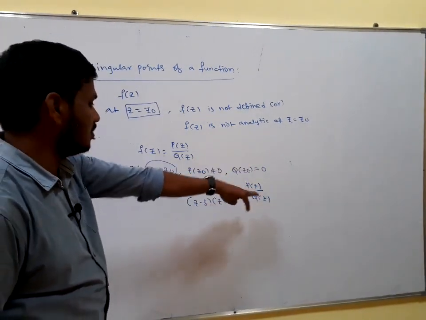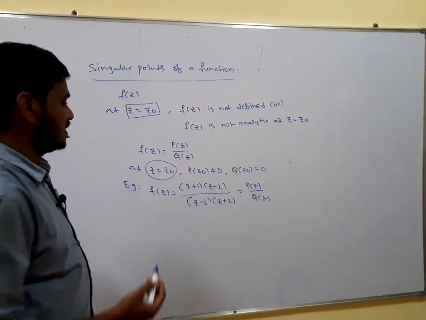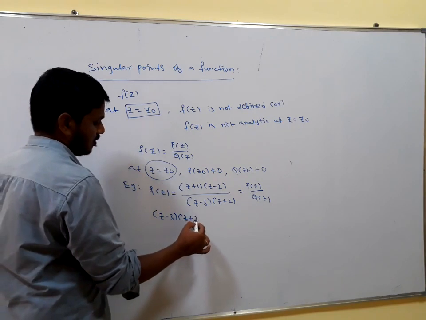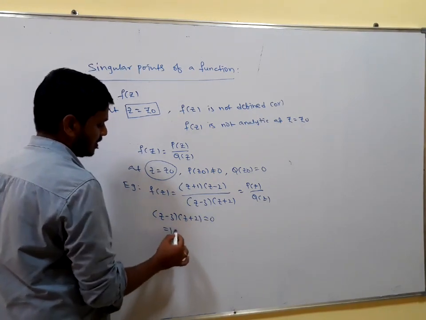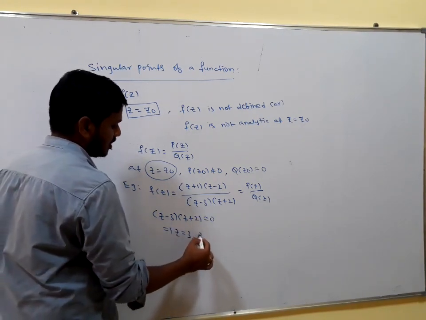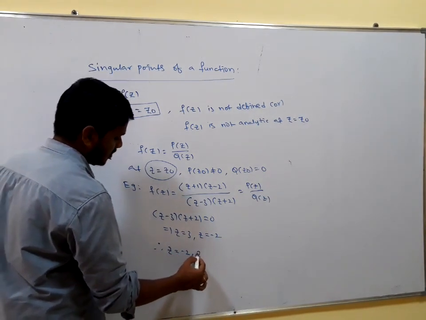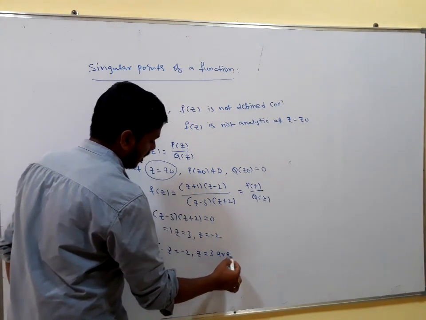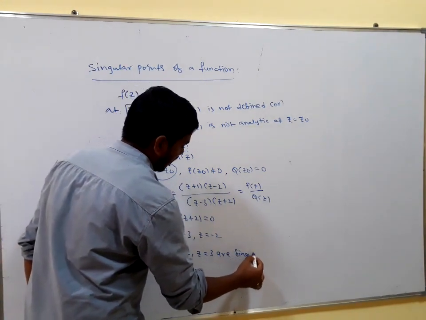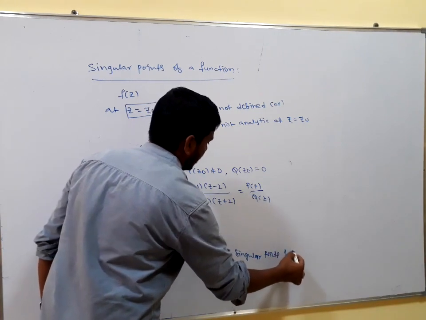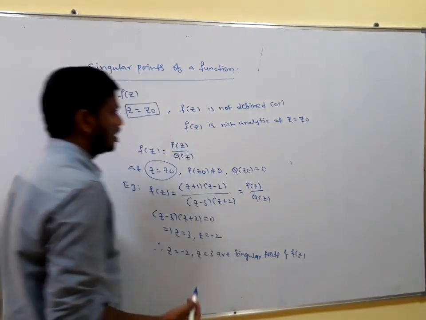So here (z minus 3)(z plus 2) equals 0. That implies z equals 3 or z equals minus 2. Therefore z equals minus 2 and z equals 3 are singular points of f of z. This is the definition of the singular point.